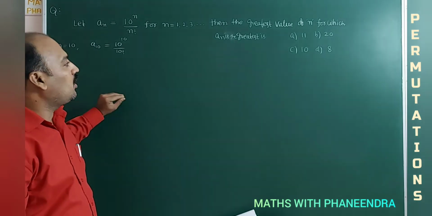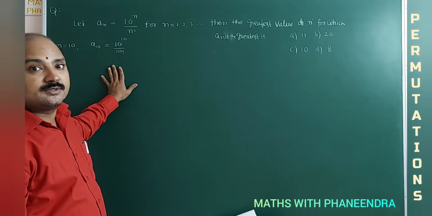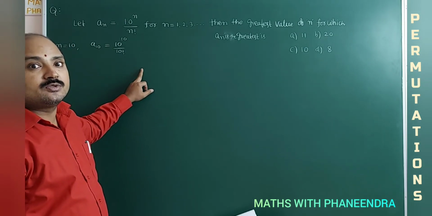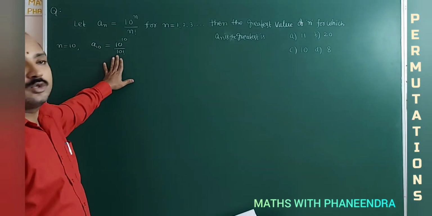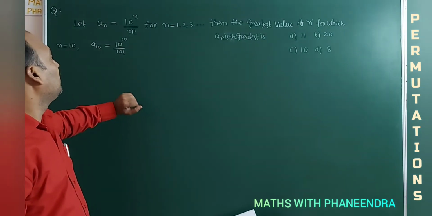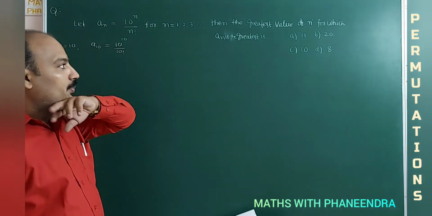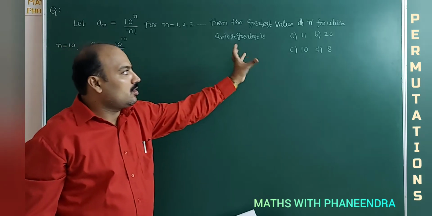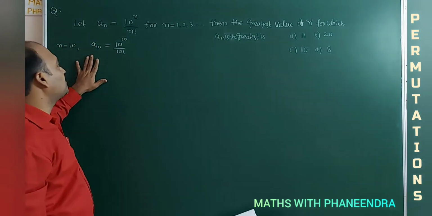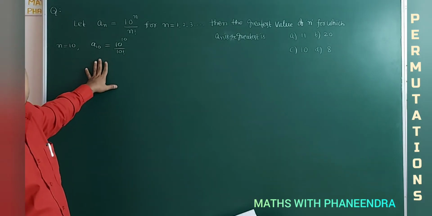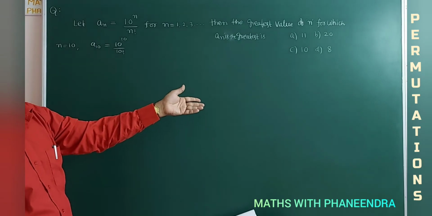Now 10 factorial, I already said, is 36,28,800. Now I am doing option verification. Suppose in all the options, any 3 options are less than a10, so the rest will be the greatest value.